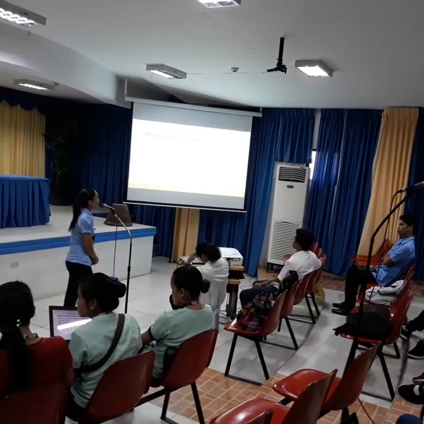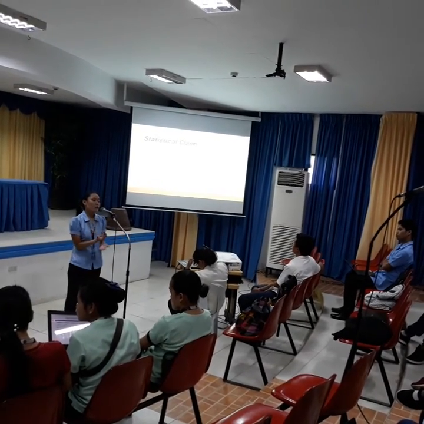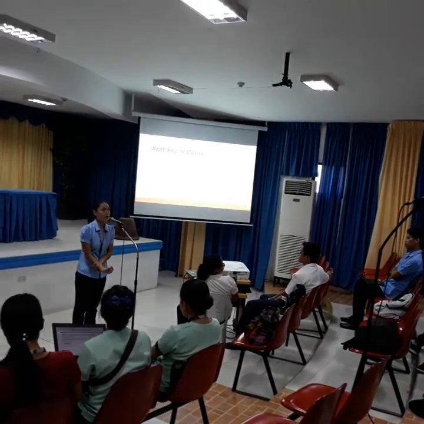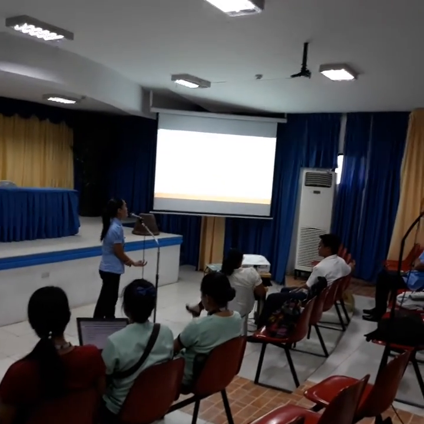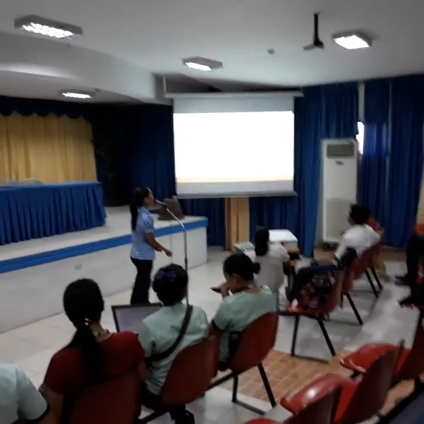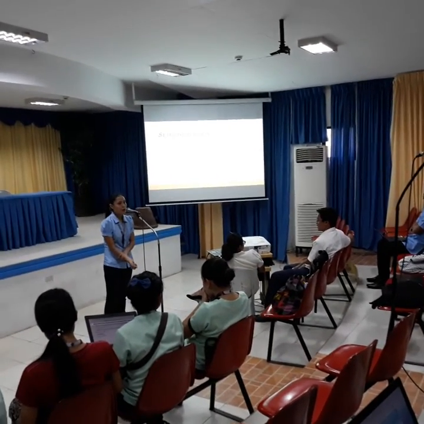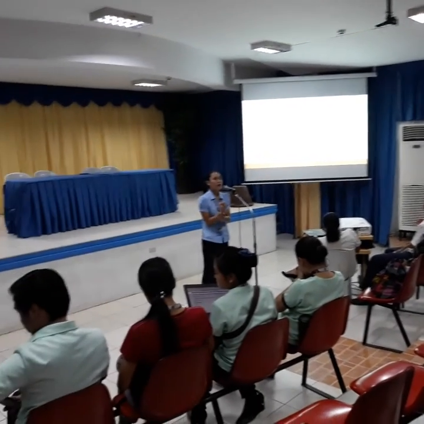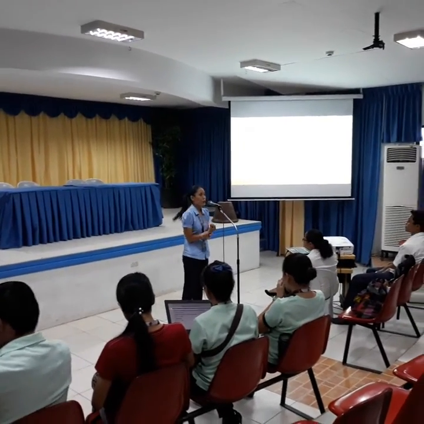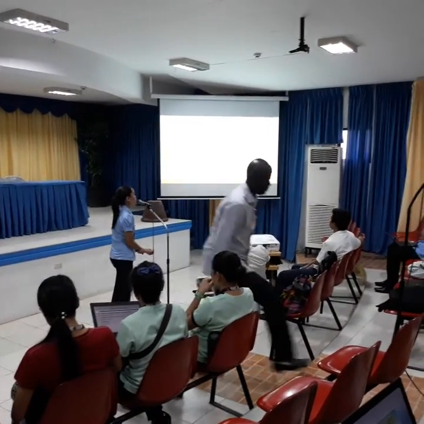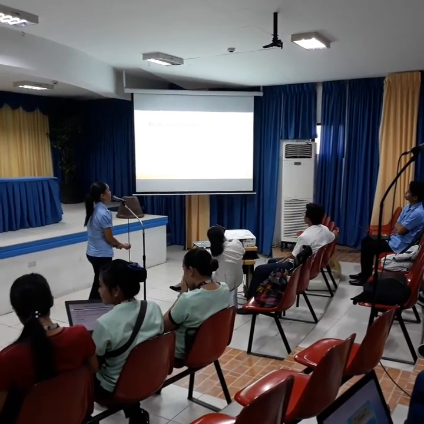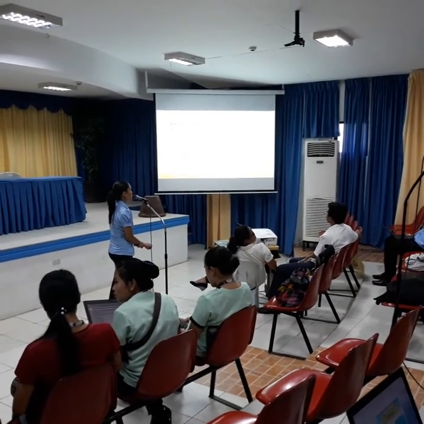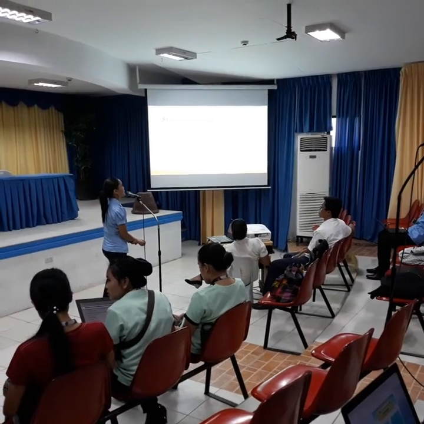Now, when you have a problem, of course, we always have a tentative answer to your problem. We have that in research. So for the statistical problem, we have the null hypothesis and the alternative hypothesis. We have a claim, meaning the tentative answer to your problem: there is no significant difference among the satisfaction scores of any of the attributes that are important when considering services from a school canteen.